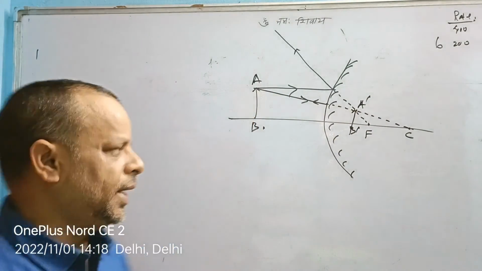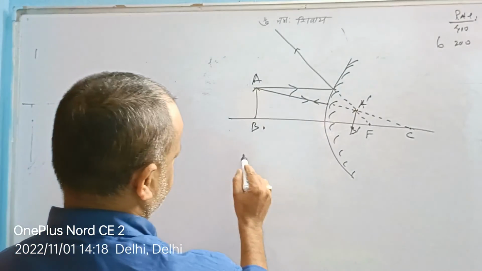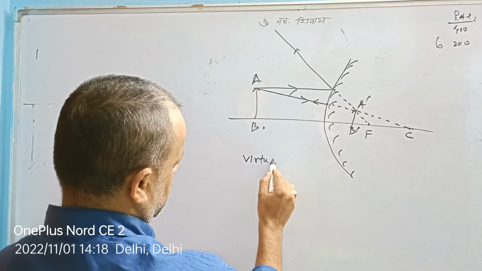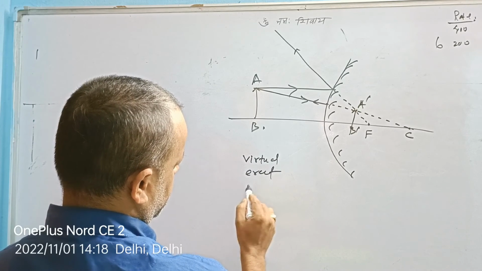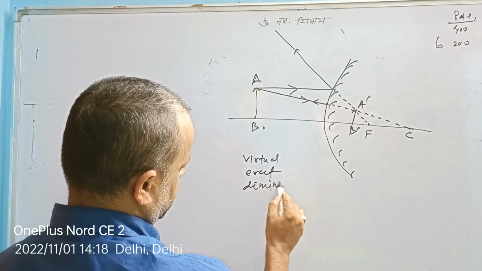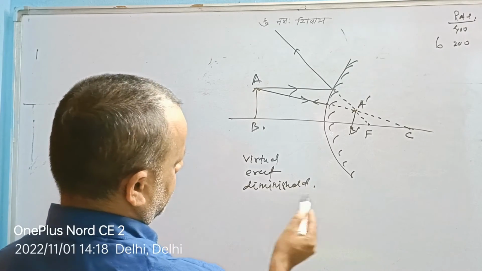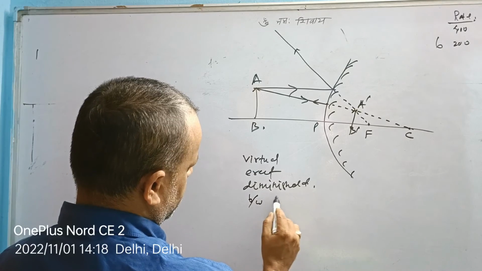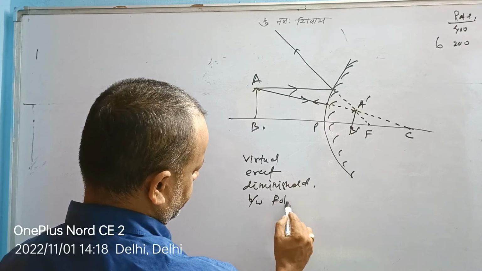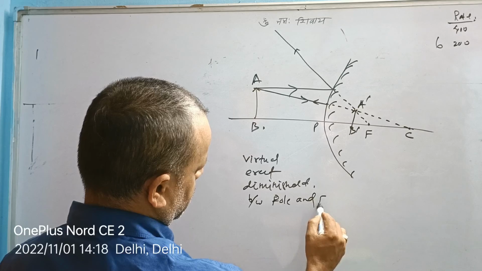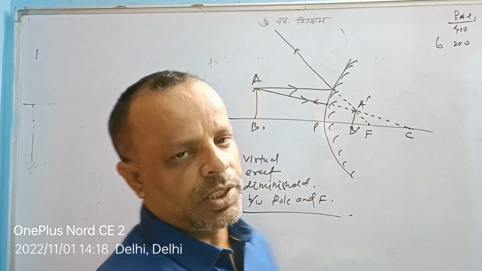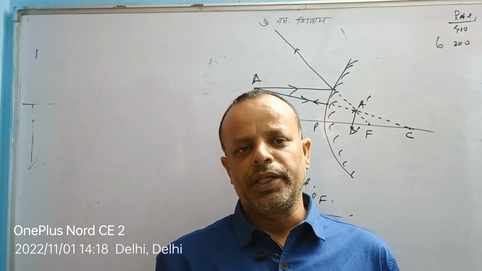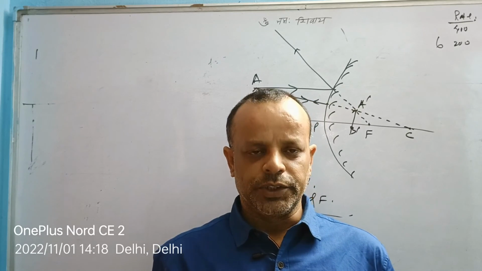So when the object is placed in front of a convex mirror, the image is virtual, erect, diminished, and between the pole and focus.